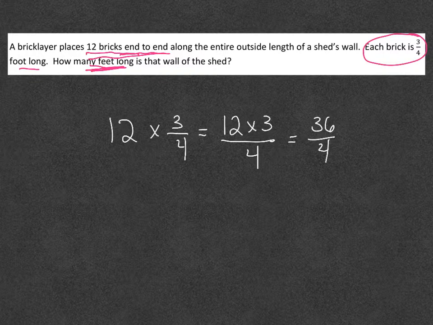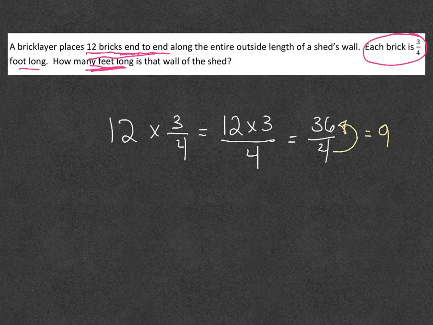We cannot leave 36/4 as an answer because that's an improper fraction or a fraction greater than 1. So we have got to pull out the wholes from that. All right, so how many wholes do we have in 36/4? Well, guys, we could just do a simple division. We can divide 4 into 36, which would give us 9. You could simply divide that.